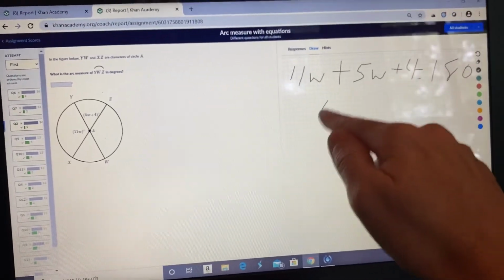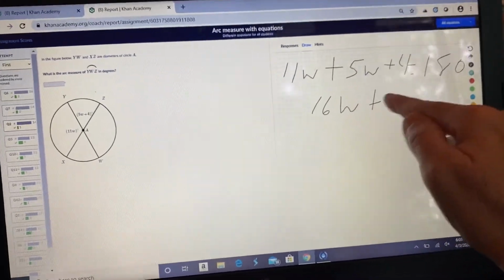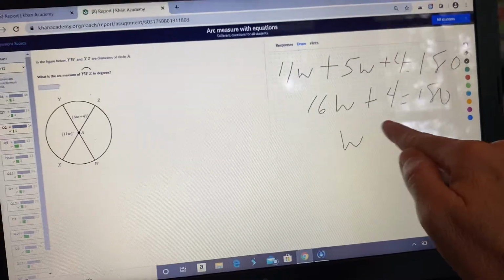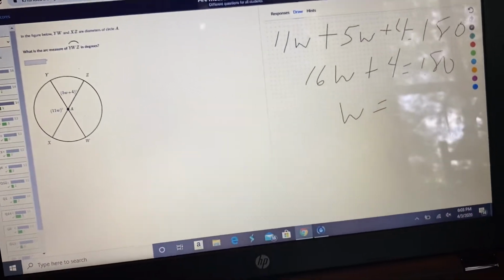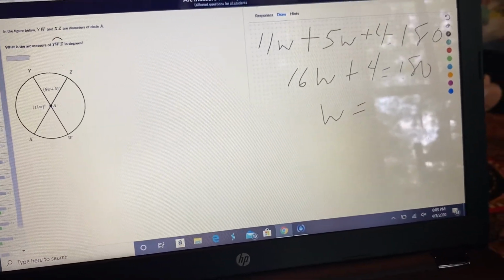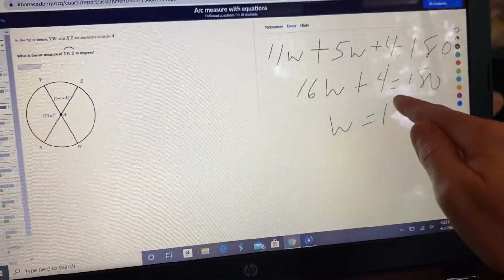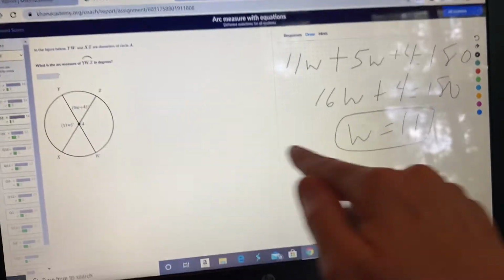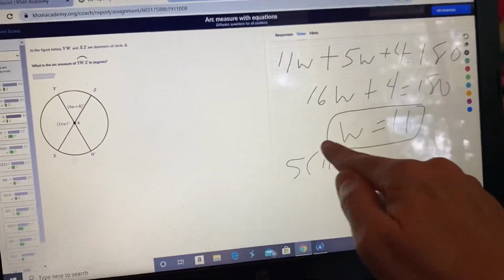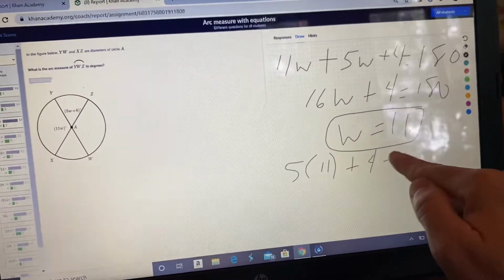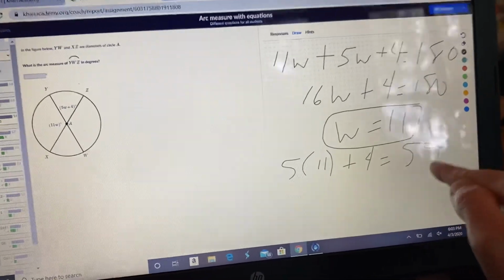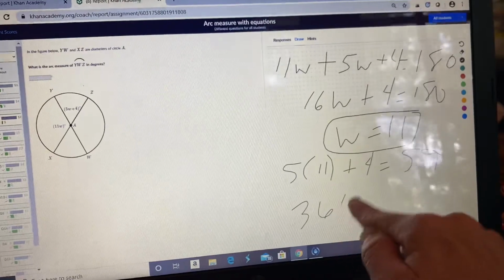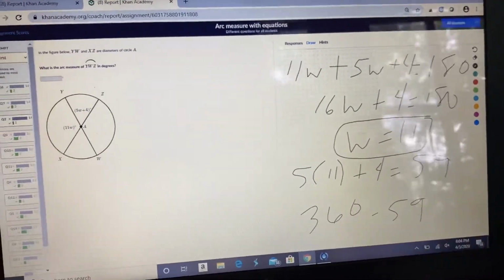When I solve that, 16W plus 4 equals 180. So W would work out to be 180 minus 4, which is 176, divided by 16 is 11. And now that I have 11, I can plug in here. 5 times 11 plus 4 is 59. So this major arc would be 360 minus 59.